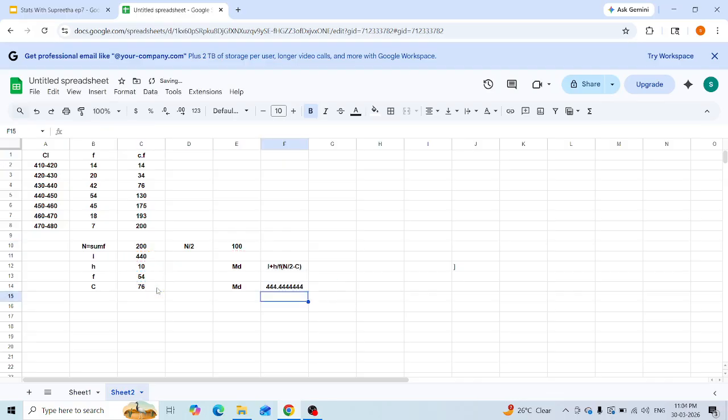So the answer is 444. The median weight of mangoes is 444 grams. This is how we calculate median in the case of continuous frequency distribution.